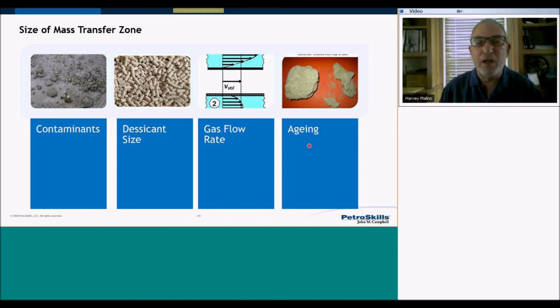This is normal. In addition to the constant heating and cooling of the sieves, we also have contaminants that will adversely affect the aging. And you take all this into account, and it will affect the size of the mass transfer zone.